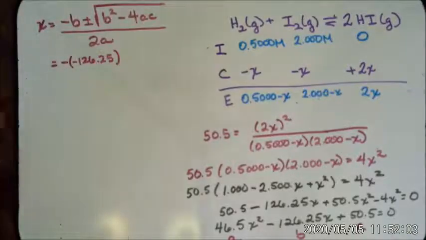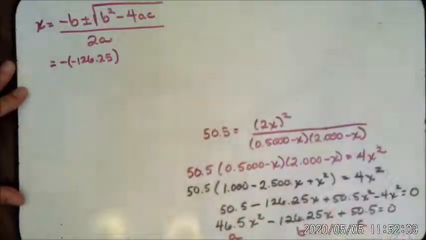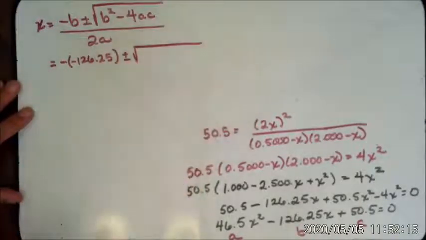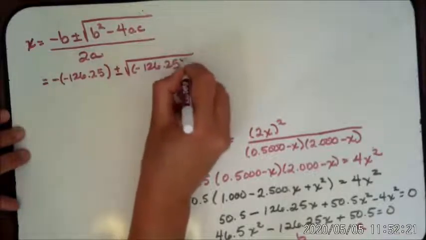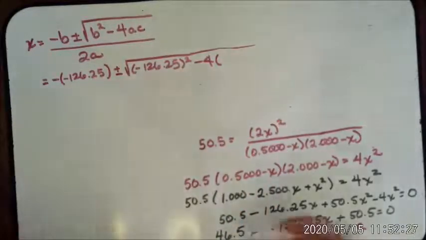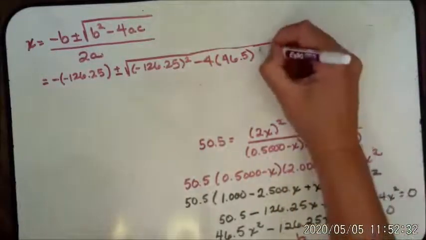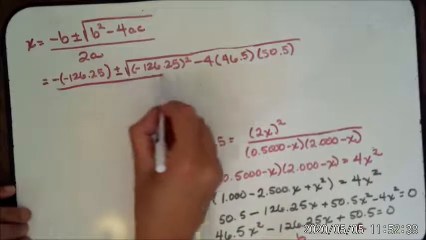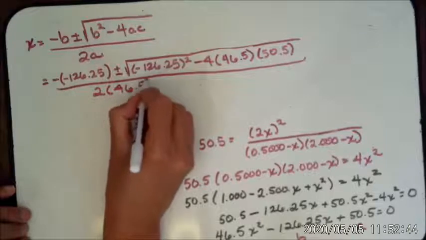Okay, I might need more space, so let me just go back. Okay, plus or minus the square root of my negative 126.25 squared minus 4 times a, which is 46.5, and c is 50.5. Okay, all of this is going to be divided by 2 times 46.5.